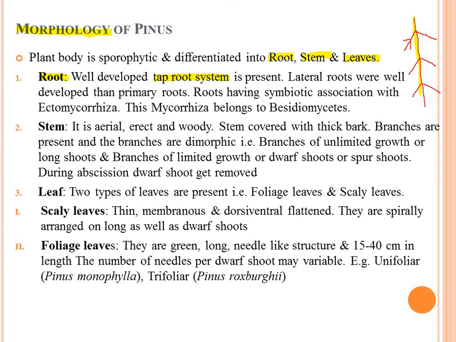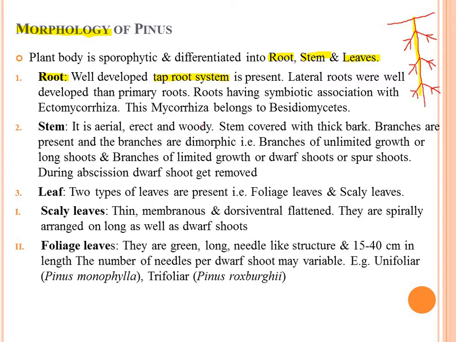Then these are the tertiary roots, which develop on the secondary roots. This is the taproot system. It is responsible for absorption of water and mineral nutrients and also supports the plant, because the height of the plant is more than 100 or 150 feet. Therefore, it supports the plant.